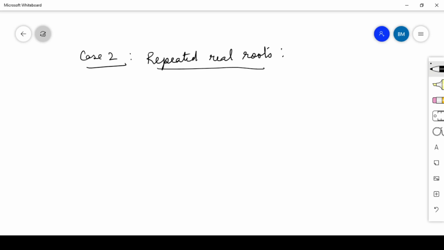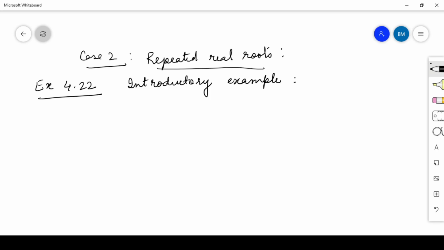So let us start with an example, then it will be easier for us to understand. So we start with an introductory example. Consider the equation y double prime minus 6y prime plus 9y is equal to 0.